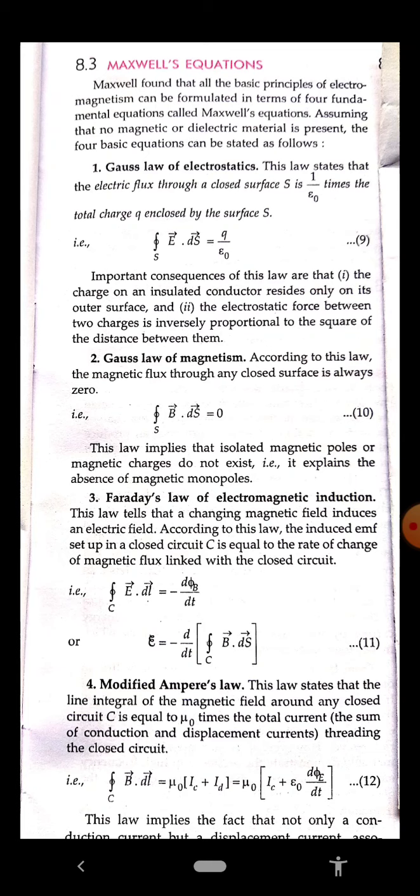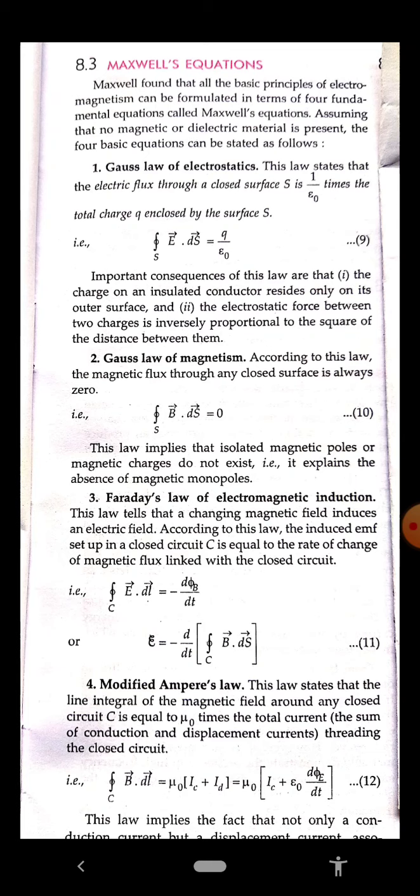The fourth one was modified by Maxwell, and that is known as the modified Ampere circuital law. According to this law, the line integral of the magnetic field around any closed circuit is equal to mu naught times the total current.